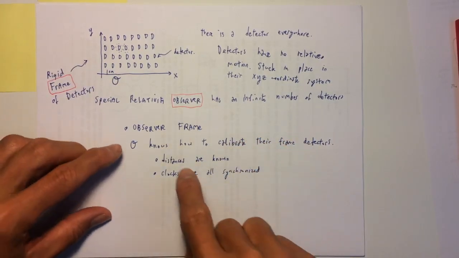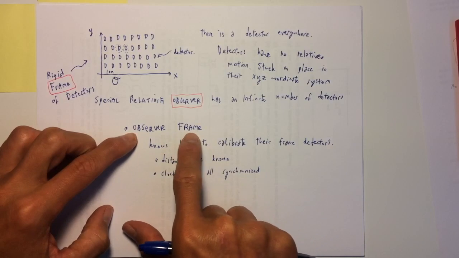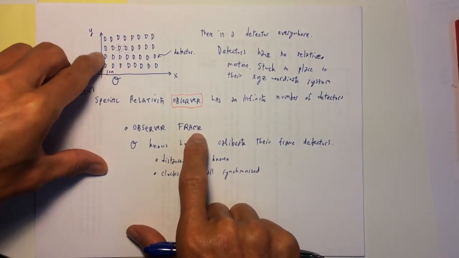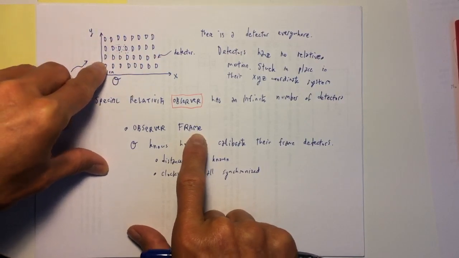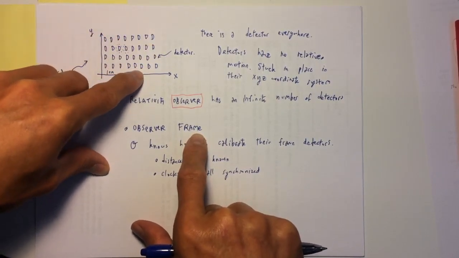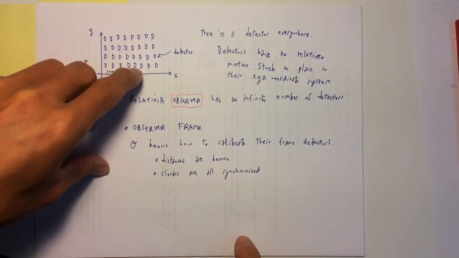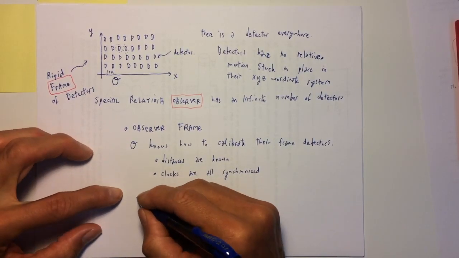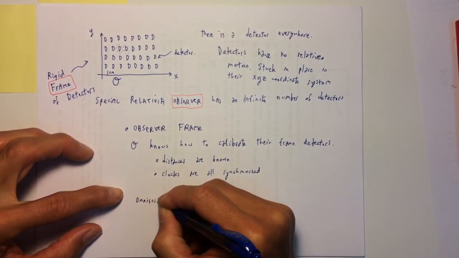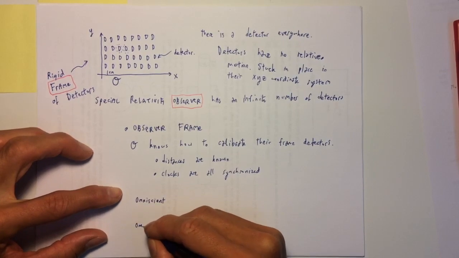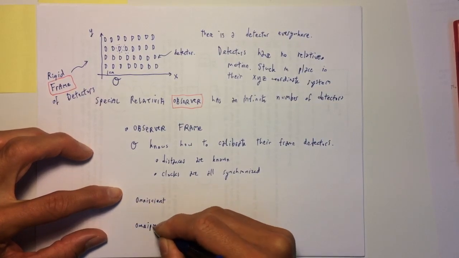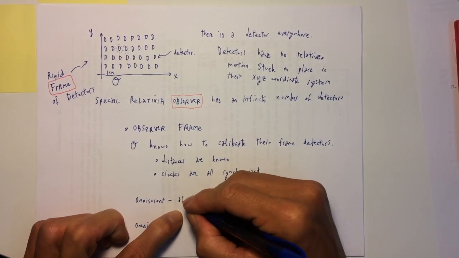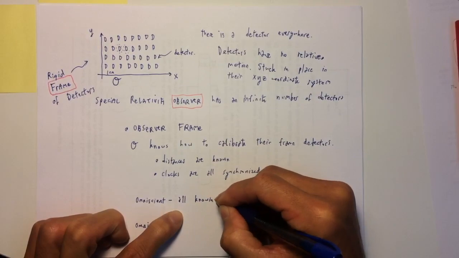But really the point is this observer frame is a frame of detectors. And in this frame, all of these detectors are operating all the time. They're just listening 100% of the time. That's what's special about an observer frame. Observer frames are known as omniscient and omnipresent. Omniscient means all-knowing.